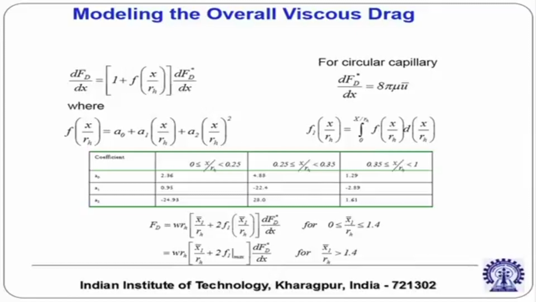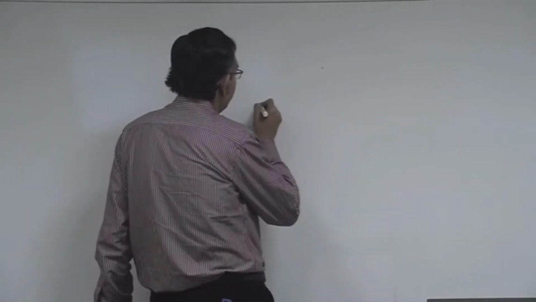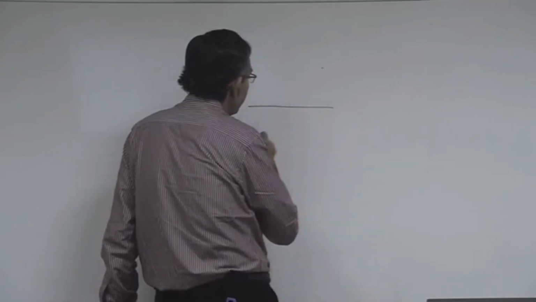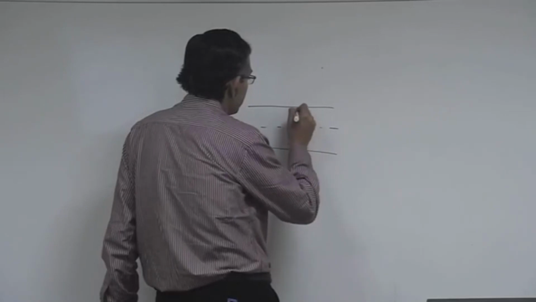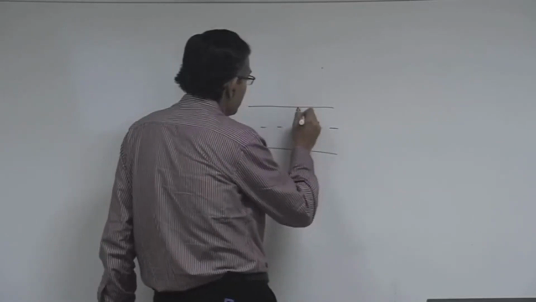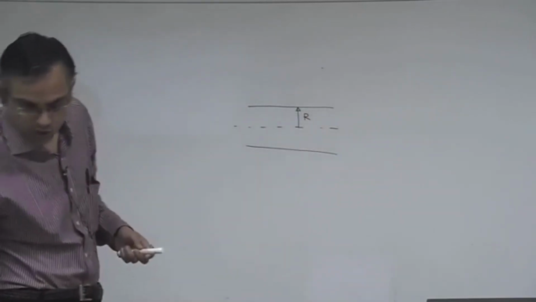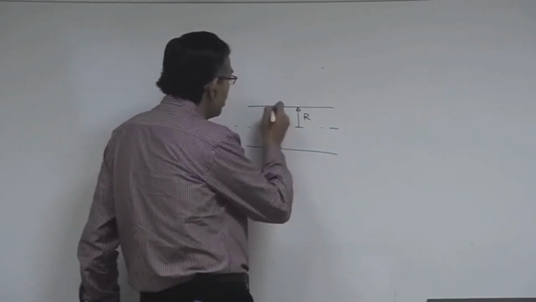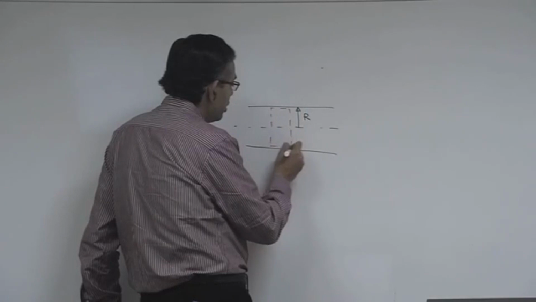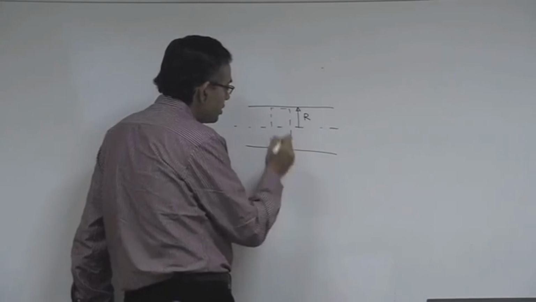Let us come to the board and explain that. So, let us say there is a circular capillary of radius r. Now, you take a small control volume of length dx.